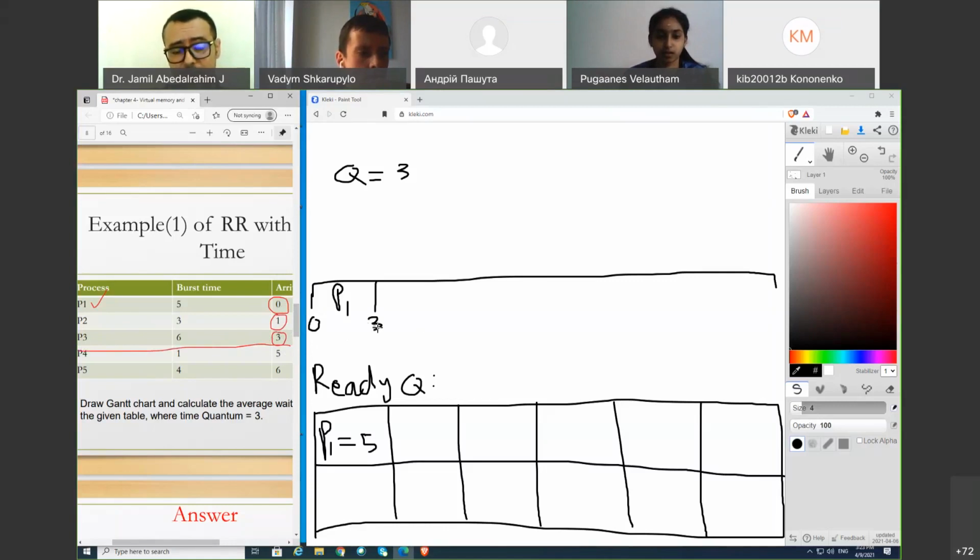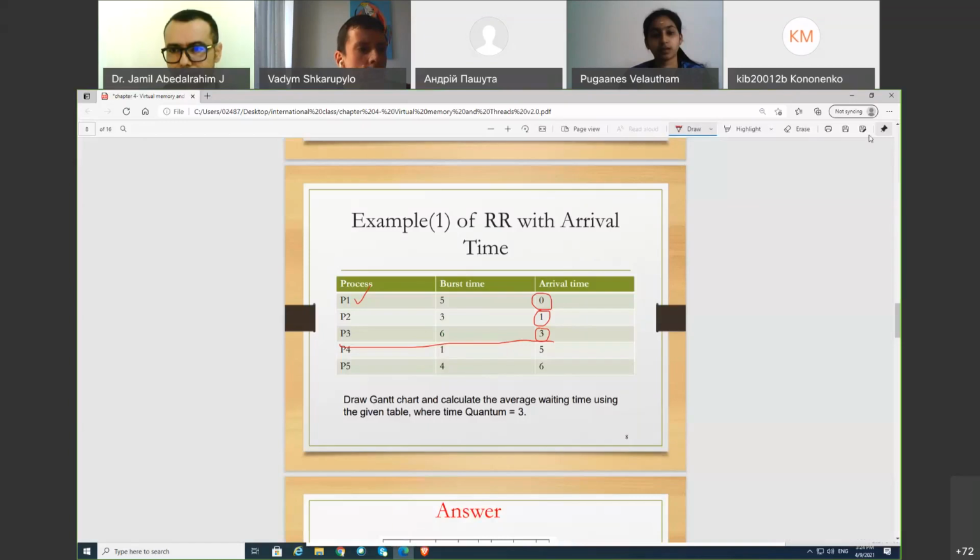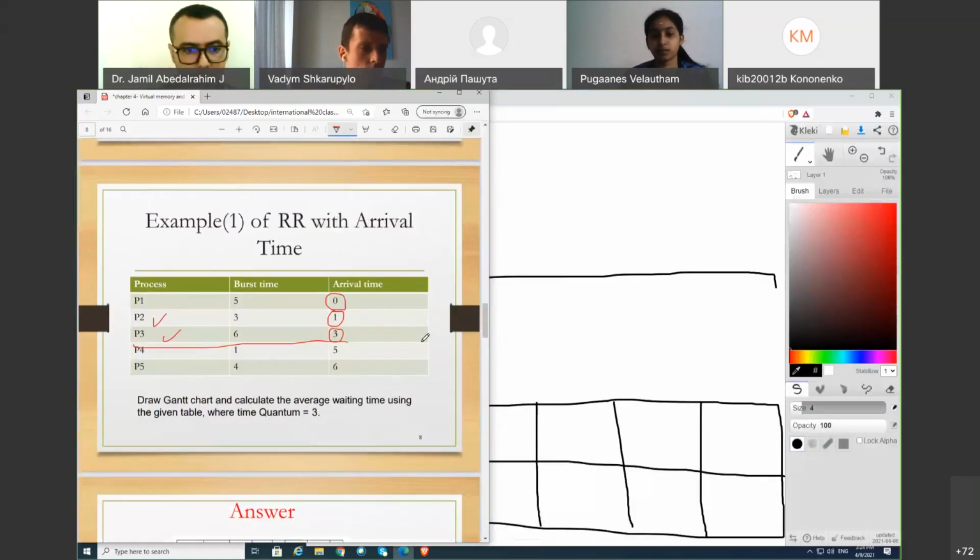This is in the Gantt chart, we reach 3 units. Means we also got two new processes ready to enter the memory, which are P2 and P3.